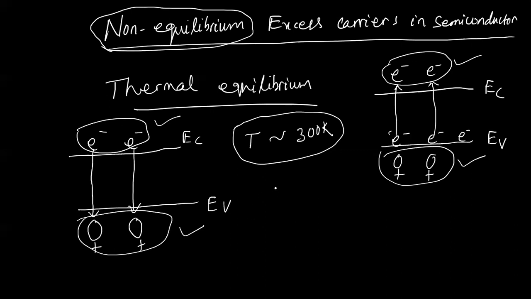Now in thermal equilibrium, the concentration of electrons and the concentration of holes in the conduction band and valence band remain the same, right? For example, the concentration of electrons in the conduction band is n0, I'm writing for thermal equilibrium, and p0 is the concentration of holes in the valence band.